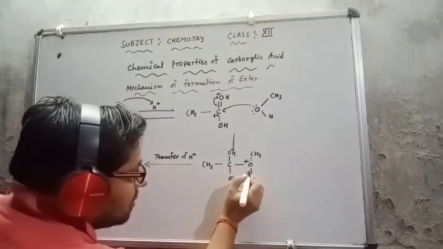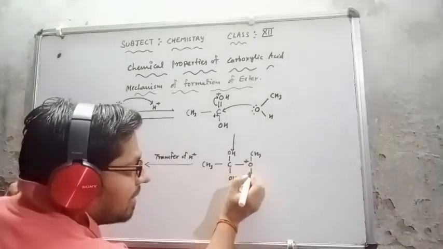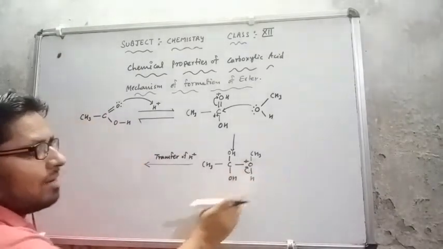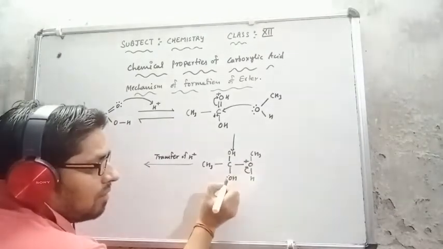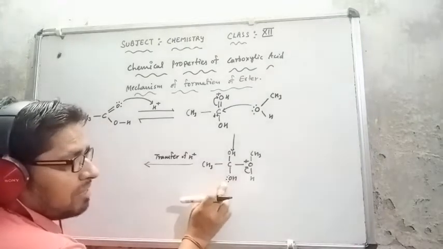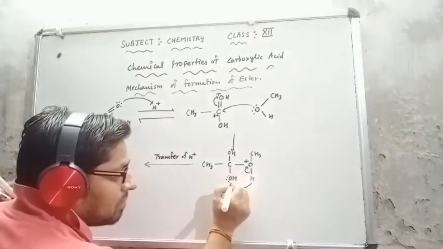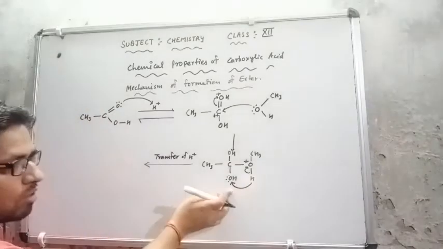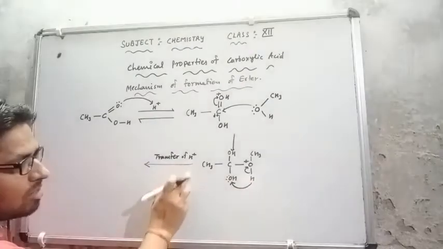The oxygen is positively charged, so it is more electronegative, and it attracts the bond electron towards its side. So H positive is freed from here. The lone pair is present on the other oxygen, so this free H positive will attach with this oxygen. So the proton is going to transfer here, which is why I told you this is a transfer of H positive.